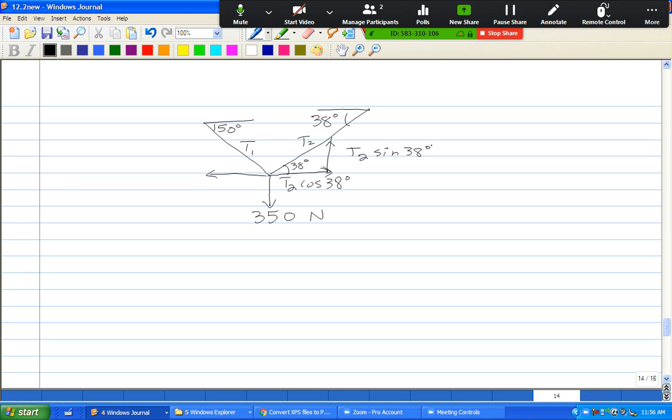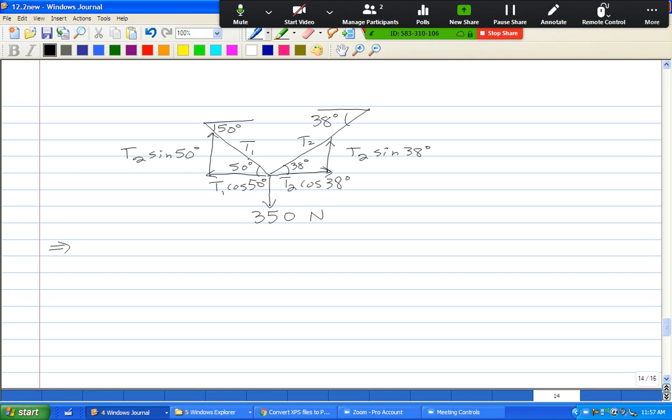Let's do the same thing for the other side. The length of this is T1, and suppose it looks something like this. If this is 50 degrees, this has got to be 50 degrees also. These are parallel. So this length here has got to be T1 cosine of 50 degrees, and this has got to be T1 sine of 50 degrees.